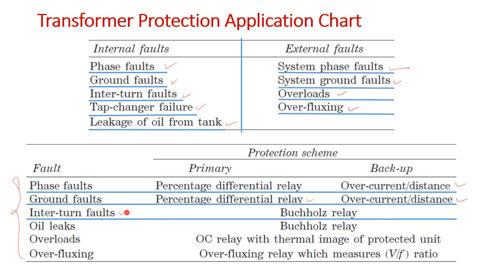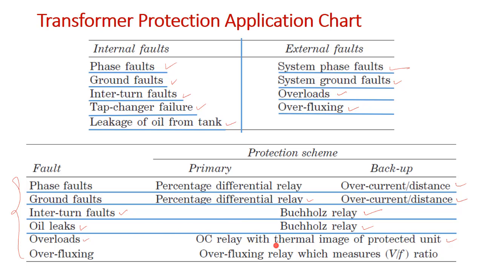But for interturn faults, it is an incipient fault, therefore the Buchholz relay is used, and for oil leakage also the Buchholz relay. Similarly, for the overloading condition, an overcurrent relay with thermal image of the protected unit is used.